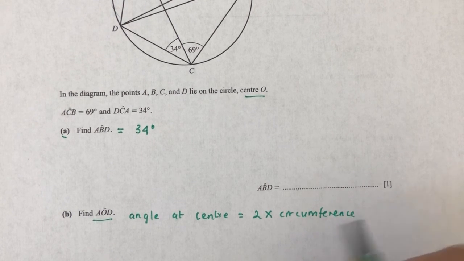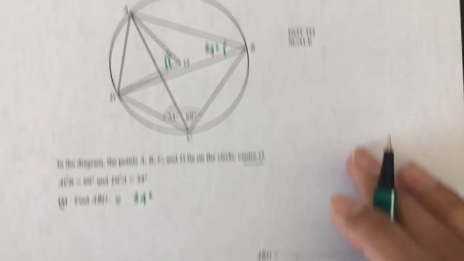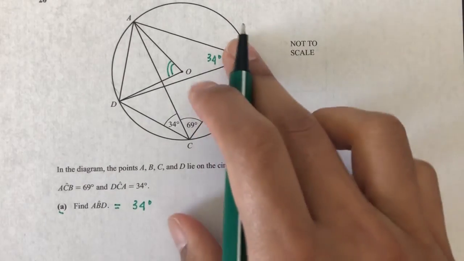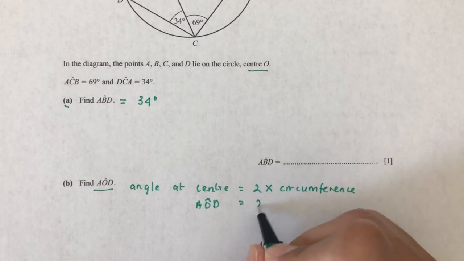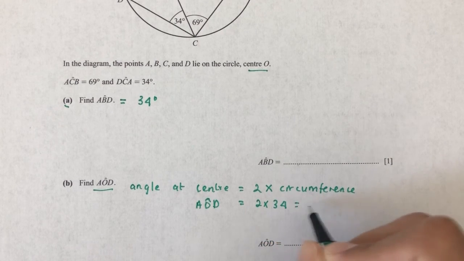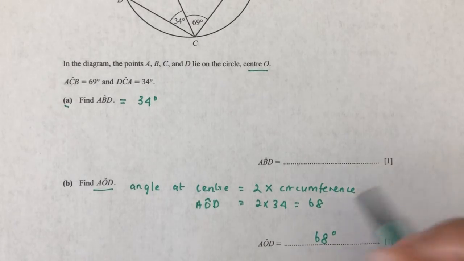So angle AOD, which is the angle at center, will be twice the angle at circumference. So 2 times 34 will be 68. So 68 degrees will be angle AOD for part B.